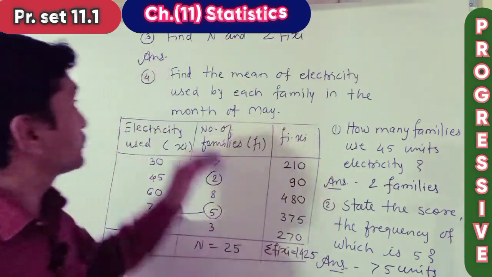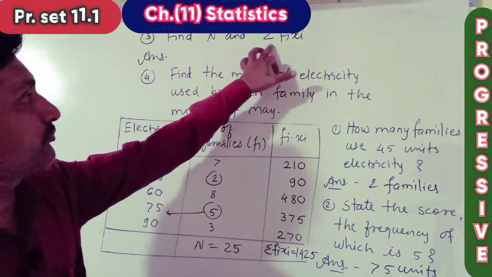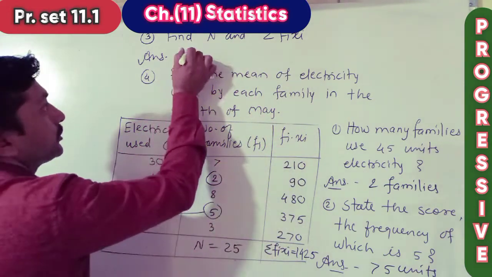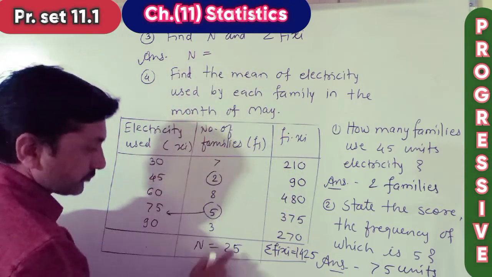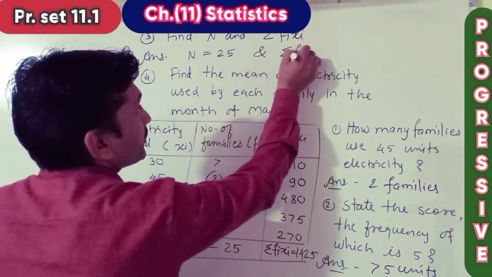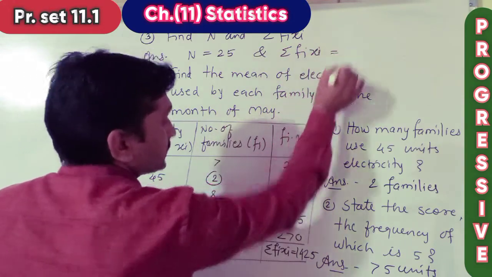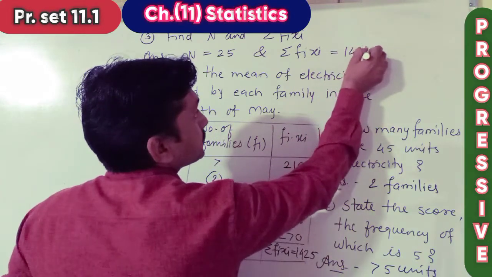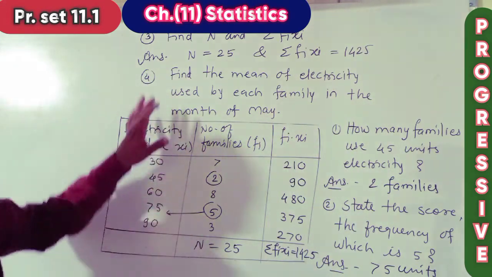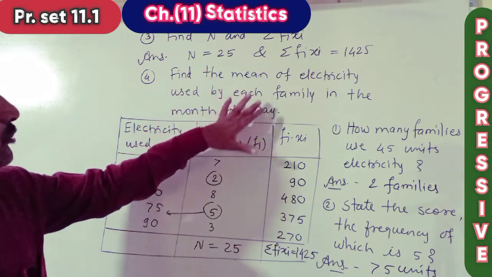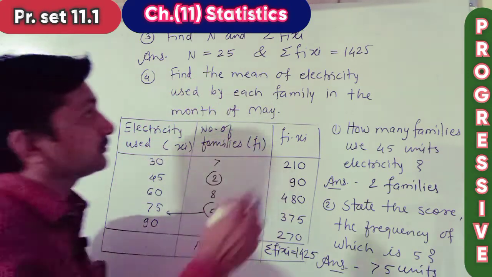Now the third sub question is, find n and sum of fi xi. Both we have got in the table. n is equal to 25, and sum of fi xi is 1425. The fourth question is, find the mean of electricity. Now we have to find the mean.